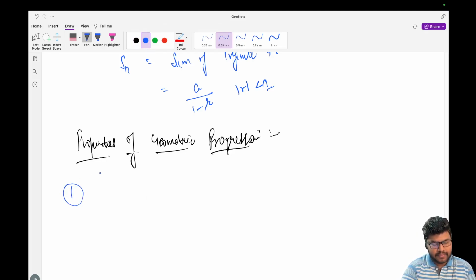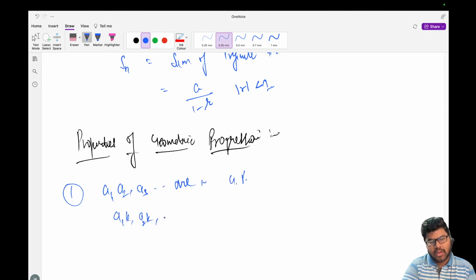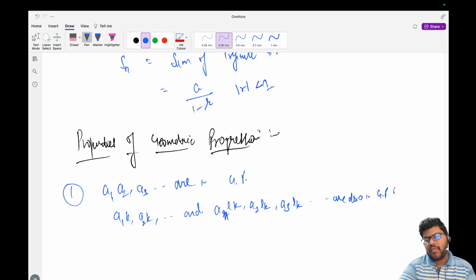First property: if a1, a2, a3 are in GP, then a1k, a2k, a3k are also in GP, where k is not equal to 0, right?